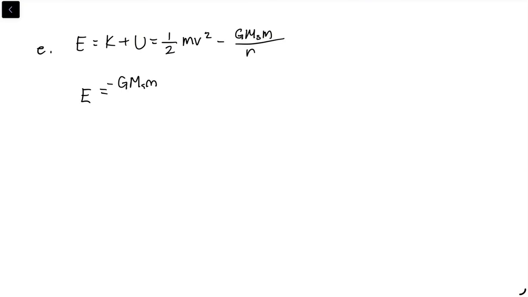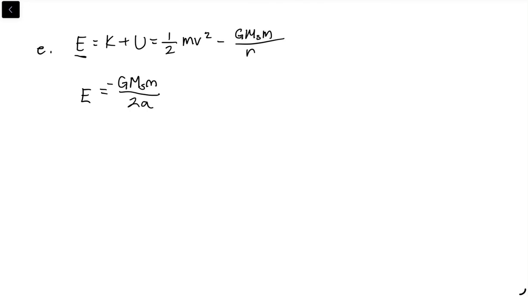Okay, so we know that the mechanical energy equals to kinetic energy plus potential energy, which is also this. And then we also know that mechanical energy equals to this in the case of an ellipse.